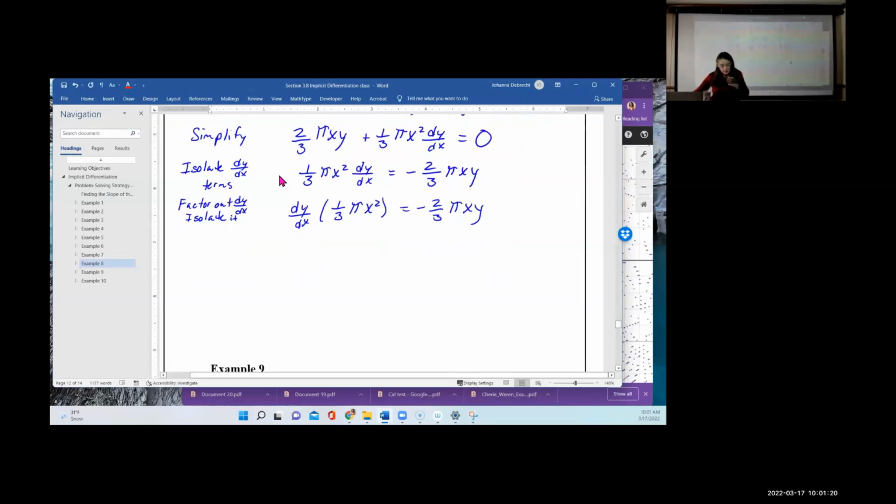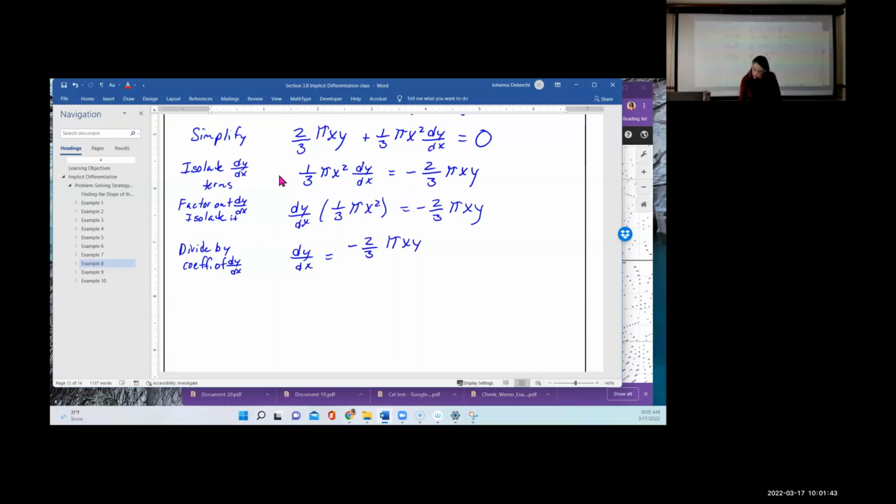The next thing is to divide by the coefficient of dy/dx, which gives me dy/dx equal to negative 2/3 pi xy divided by 1/3 pi x squared.